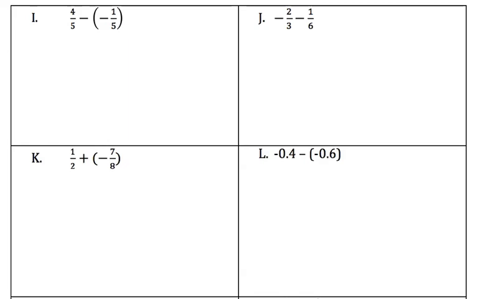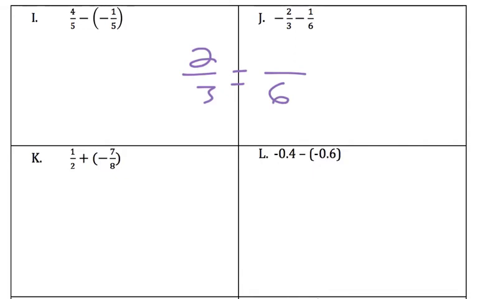Alright, these problems on the back are a little bit more like the state test level, because in 7th grade you have to add and subtract fractions. So I'm going to skip I and do J. When you're adding or subtracting fractions that have unlike denominators, you have to make the denominators common first. So I'm going to take 2/3, and I'm going to write an equivalent fraction out of sixths, because we're subtracting 1/6.